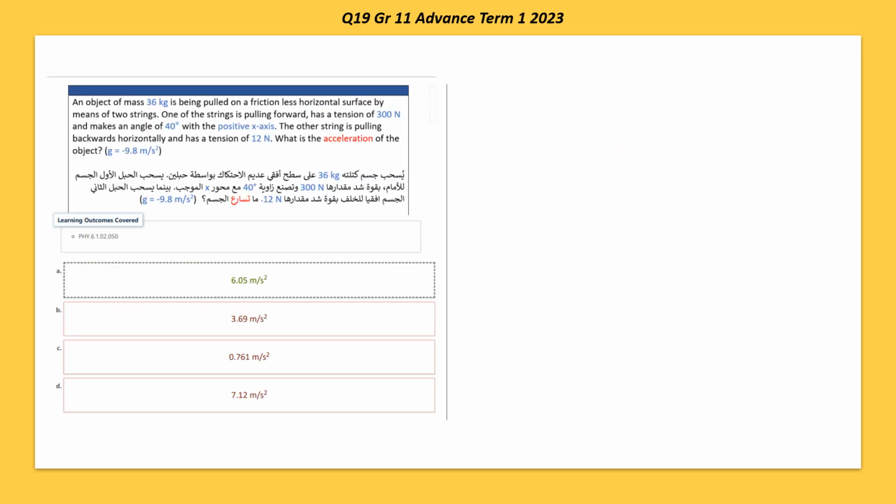We continue. An object of mass 36 kilograms is being pulled on a frictionless horizontal surface by means of two strings. One string is pulling forward with a force of 300 Newtons at an angle of 40 degrees.